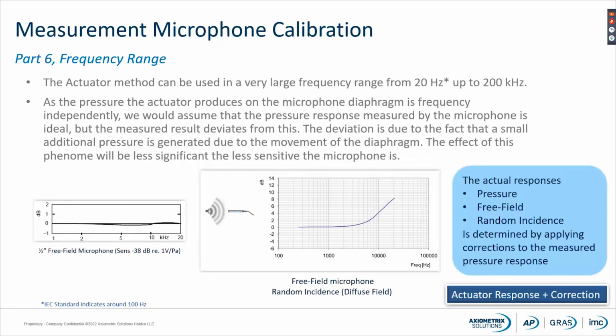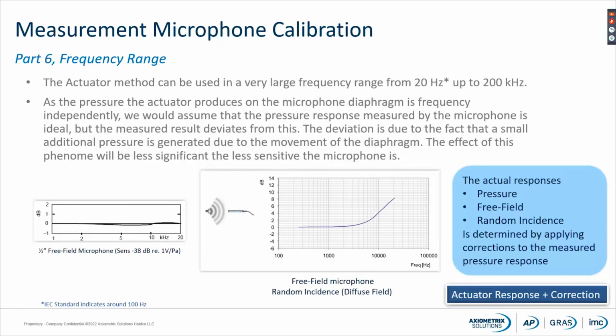As the pressure the actuator produces on the diaphragm is frequency independent, we would assume that the pressure response measured by the microphone is flat, is ideal, but the measured result deviates a little from that.